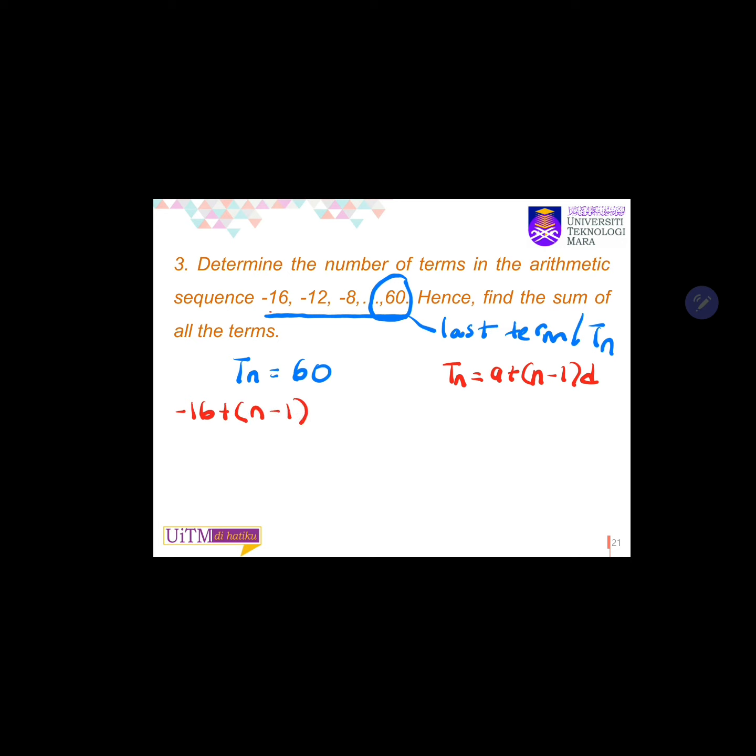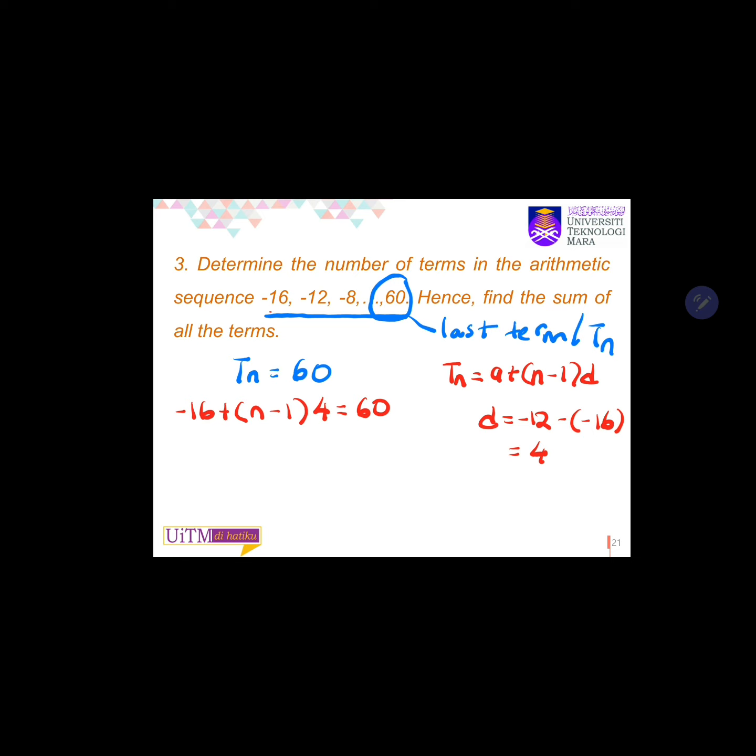You calculate for your common difference, which is negative 12 minus negative 16. So the answer is 4, which is equal to 60. So in order to know how many terms here, we solve this equation to get the value of n.